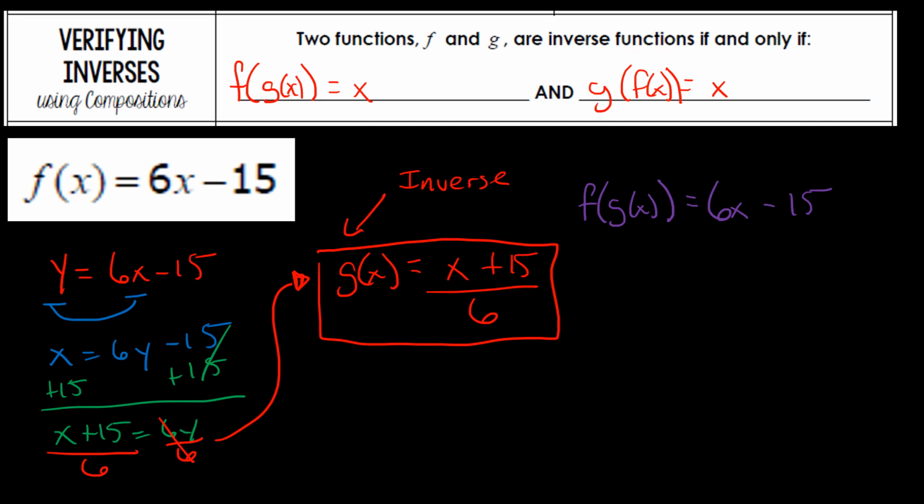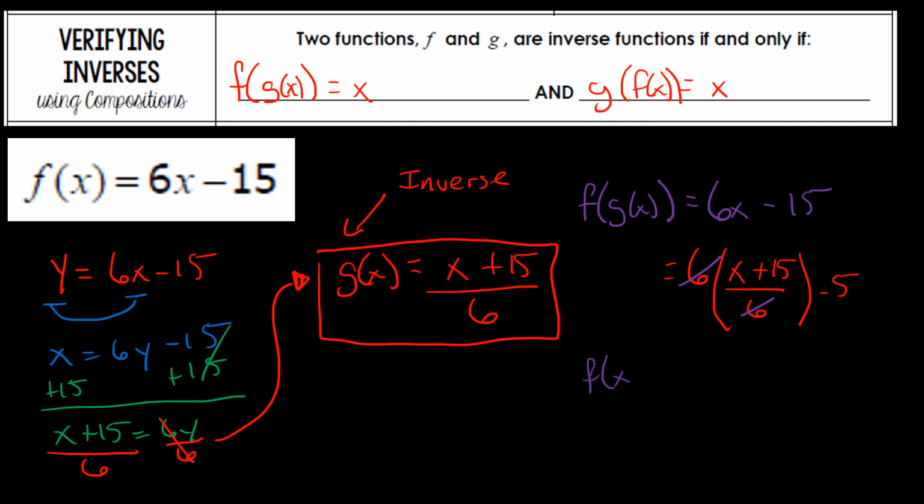So what's going to happen here is I have 6 times g of x, which is x plus 15 over 6, and all of that minus 15. And we can start cleaning this up a little bit. If I was to distribute the 6, well, we know that the numerator and the denominator would simplify out.